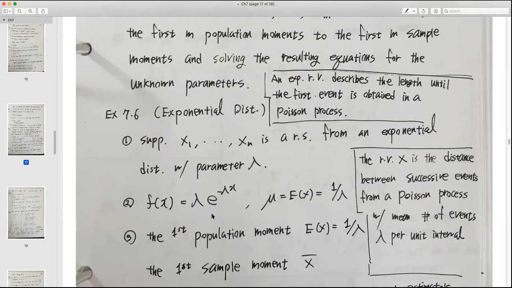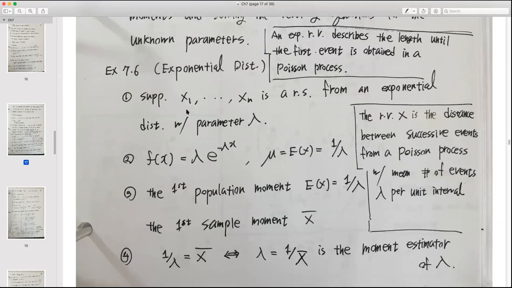So we saw example 7.6, the exponential distribution. An exponential random variable describes the length until the first event is obtained in a Poisson process. The random variable x in the Poisson process is the distance between successive events from a Poisson process with a mean number of events lambda per unit interval.